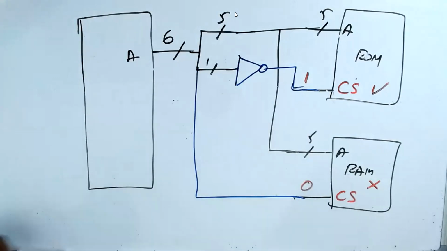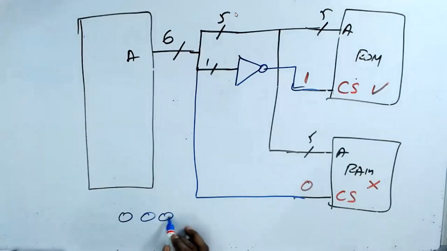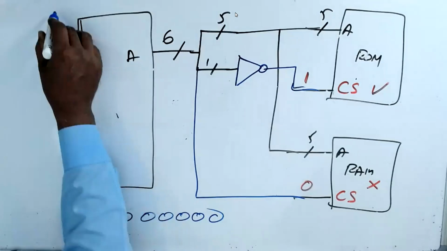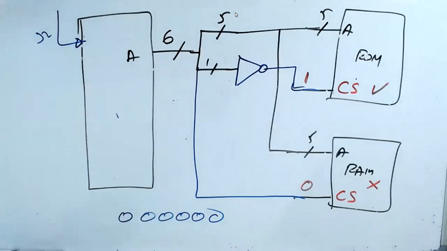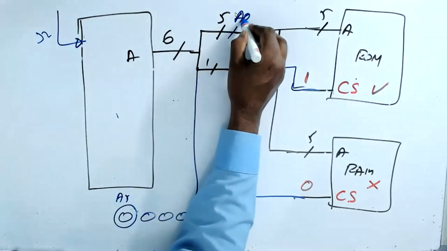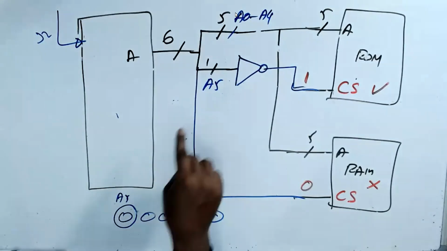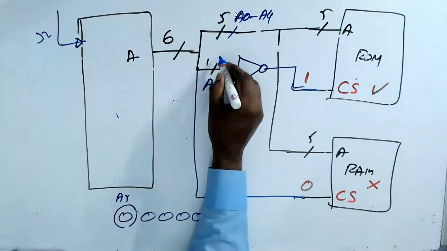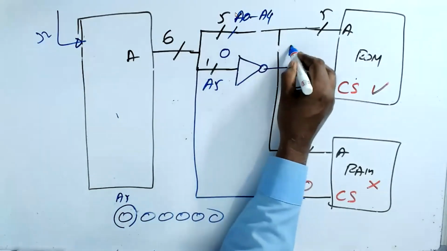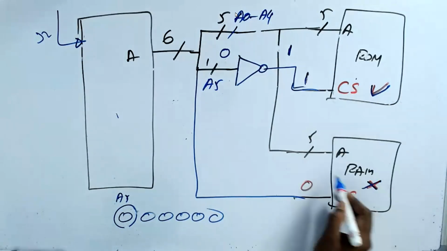When the microprocessor gives 000000 on power on, when you give 5 volts, this is A0 to A4, and this is A5. Now A5 is 0, so this becomes 1. This chip is selected, but this one is not selected because the 0 comes here.